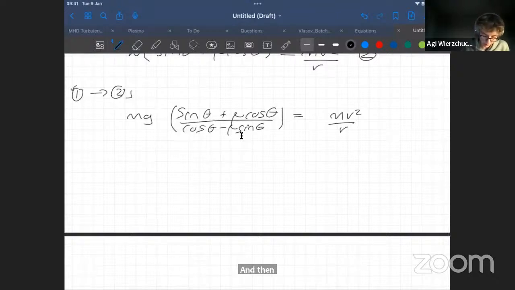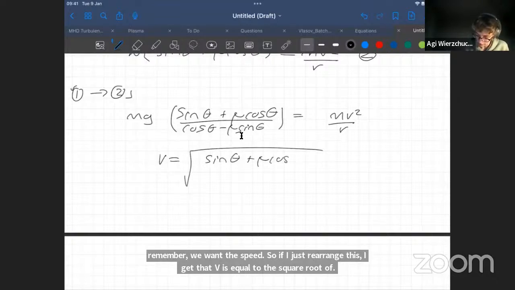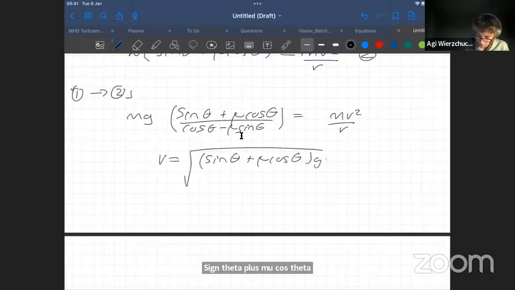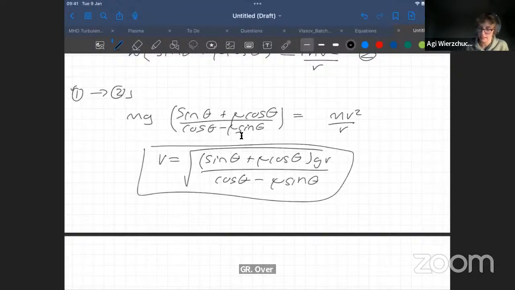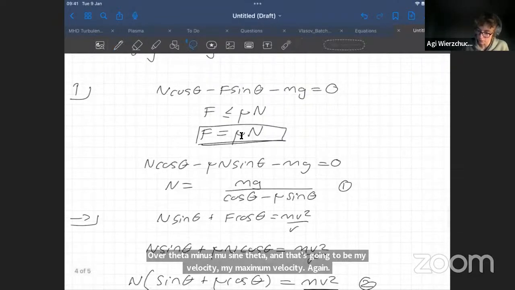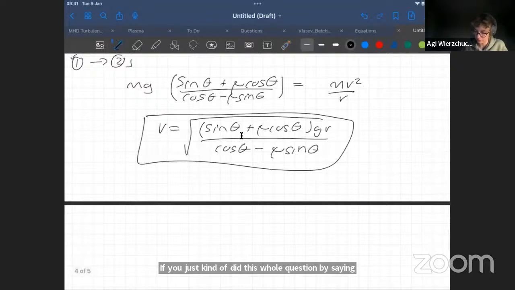If I rearrange this, I get that v is equal to the square root of sine theta plus mu cos theta, times gr, over cos theta minus mu sine theta. And that's going to be my maximum velocity. Again, if you did this whole question by saying that F is less than or equal to mu N, you'd get an inequality, something like v is less than or equal to this. So by default, this is going to be the maximum speed.